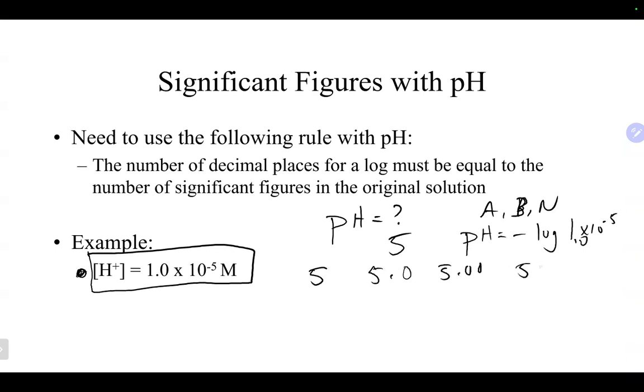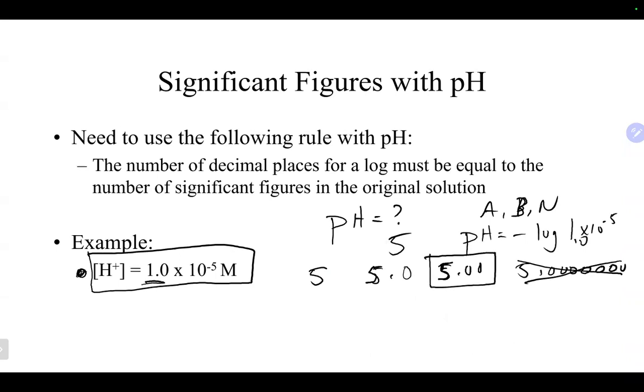Should it be 5.0000000? Feels like a lot of zeros just to begin with, so I'll eliminate that one. What should the correct pH value be reported as? What do we think? It should actually be this one right here.